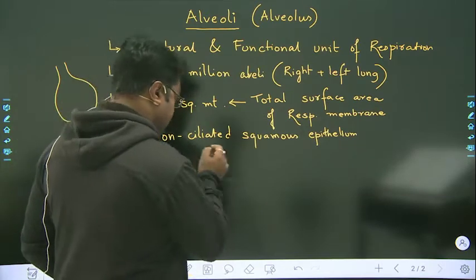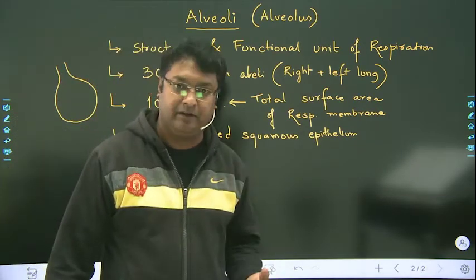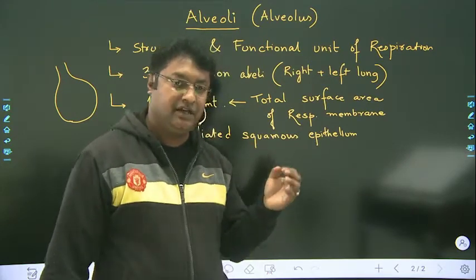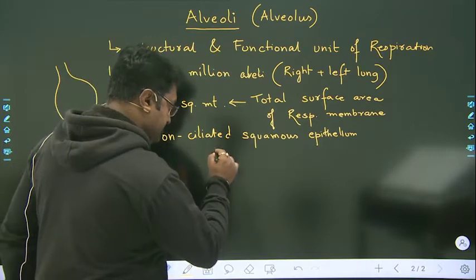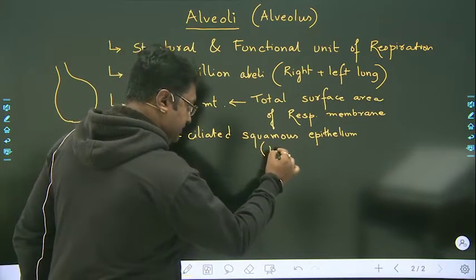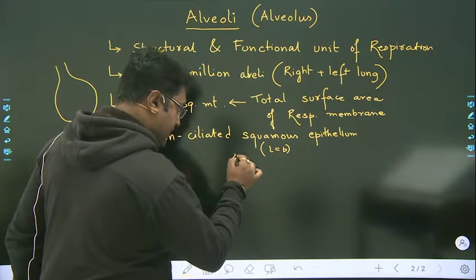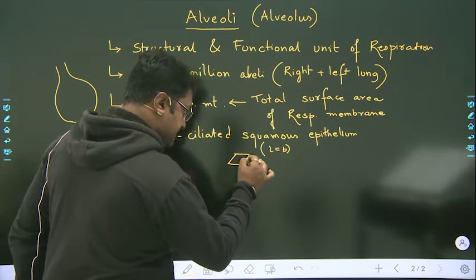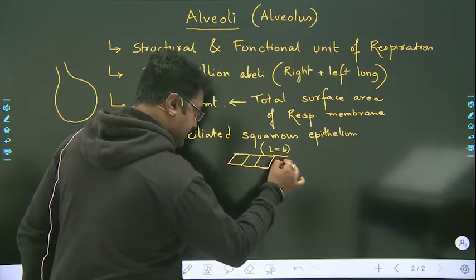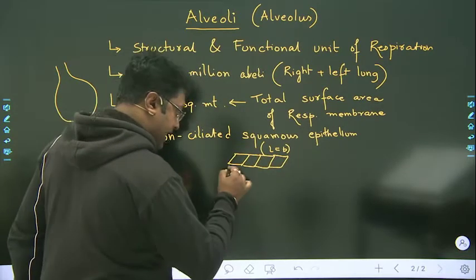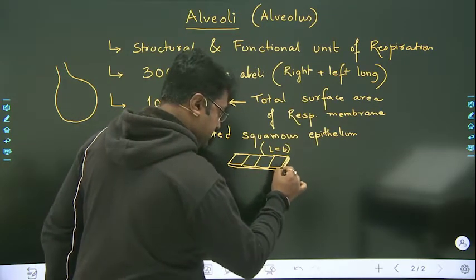So what is this non-ciliated? That is, the fine hair-like structures which we were observing over the cells will not be present. And squamous means where the length will be equal to the breadth, so square-like shaped cells, and they will all be flat. There will be no height attached to it, and they will all be arranged over a basement membrane.